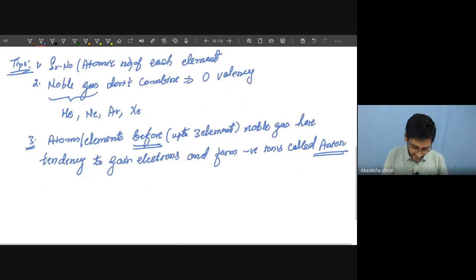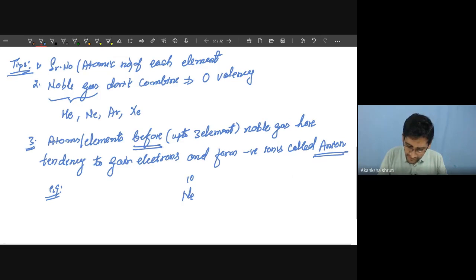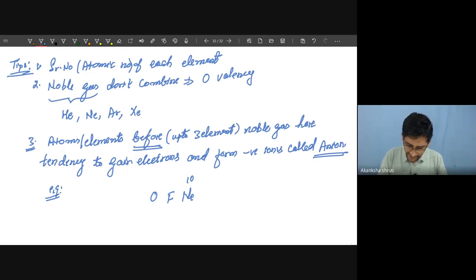How is this? Example, students, let us take neon. We know neon has the serial number or atomic number of 10. Now you just go before this. Before neon, what is there? Fluorine. Before fluorine, there is oxygen. Before oxygen, there is nitrogen.